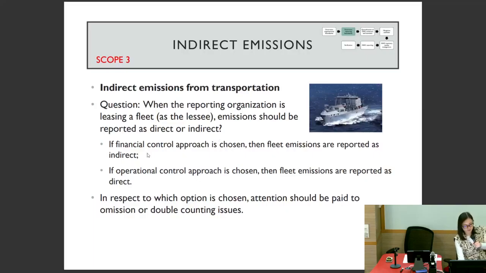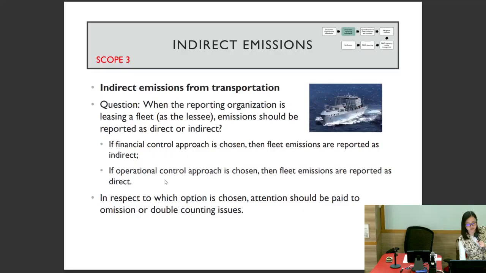If financial control is chosen and this organization is leasing a fleet, it cannot have any financial gain from that fleet, so it has no financial control. Then the mobile emissions due to this fleet should be reported as indirect under scope 3.